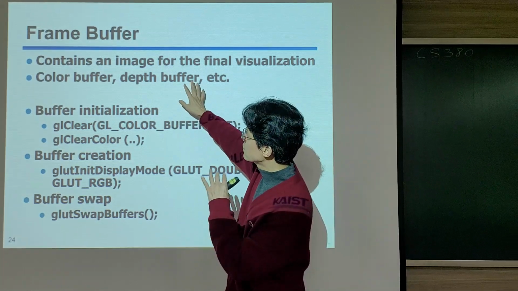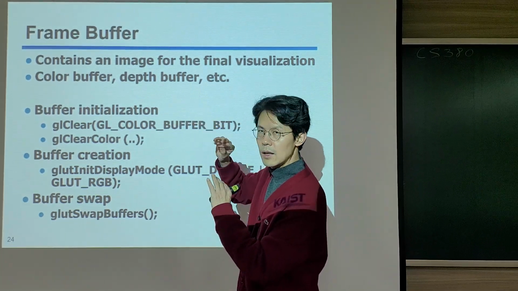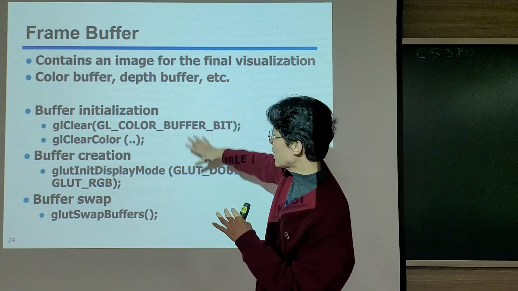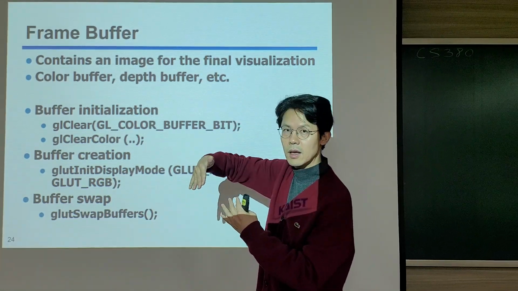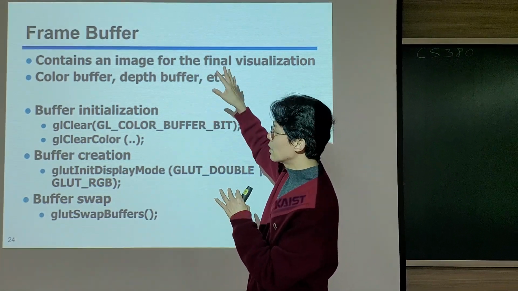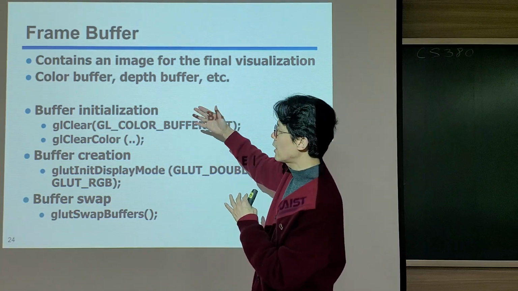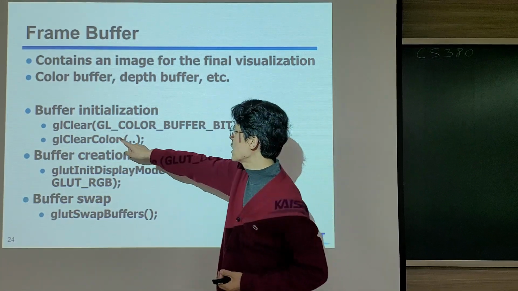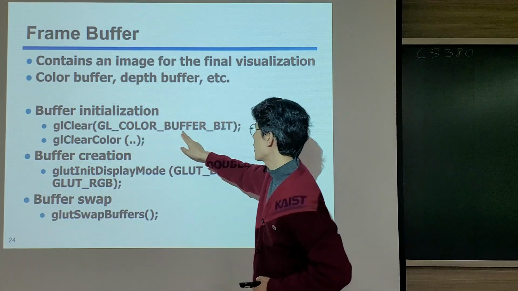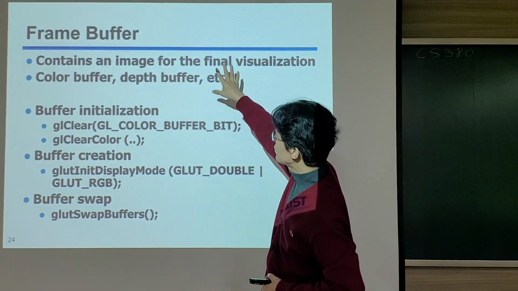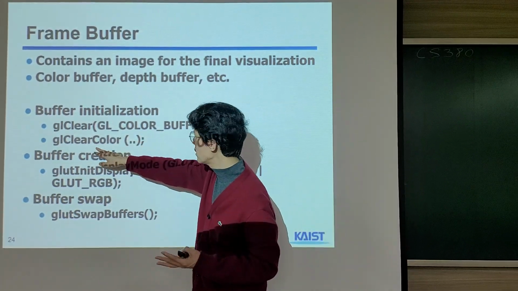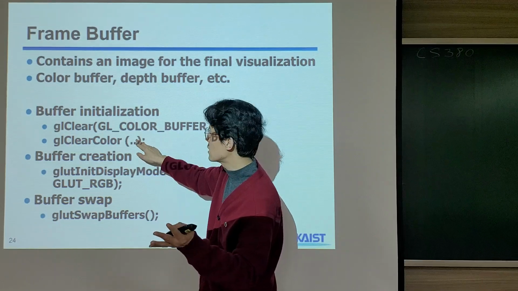So typically the buffer is nothing but an array. Then our monitor or projector accesses the buffer content, the array content, and visualizes it on the screen. We initialize the color buffer within the frame buffer. We can set the clear color by setting the new initializing value.